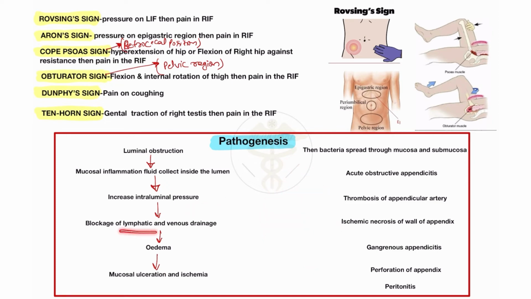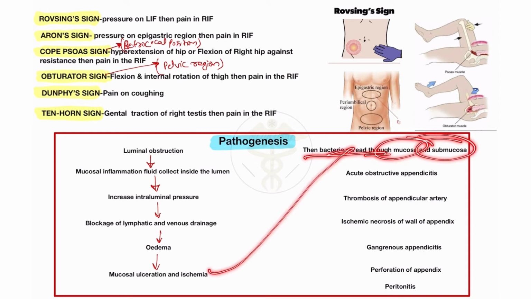After that, blockage of lymphatic and venous drainage occurs. Because a high amount of mucus is secreted, lymphatic and venous drainage blockage occurs, which causes edema in the appendix. It also causes mucosal ulceration and ischemia. So these are the causes in the pathogenesis when bacteria spread through the mucosa and submucosa.